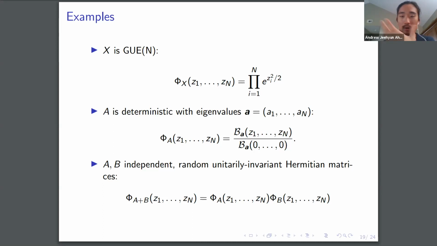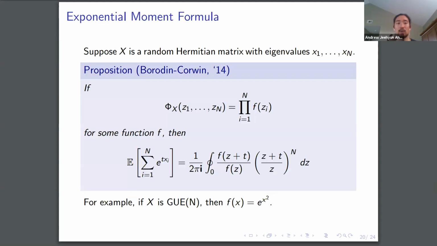So how are we going to use this? The goal was to get some formulas or useful representations for the exponential moments of these random matrices. So here's the first statement in this direction. Let's say X is some random Hermitian matrix with eigenvalues X1 through Xn.